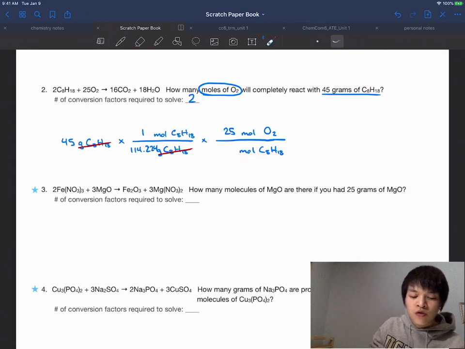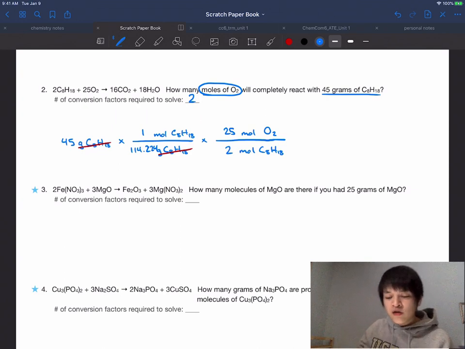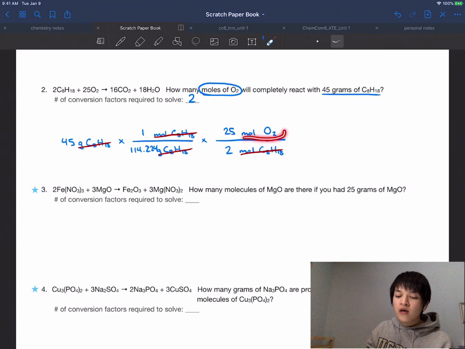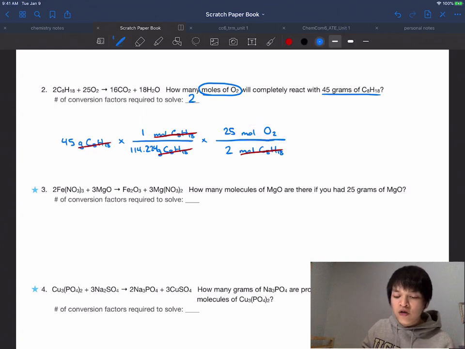According to our balanced chemical equation, there's two moles of C8H18. The unit that cancels out is moles of C8H18. We are now left with moles of O2, and that's what we wanted. So we can go ahead and throw in our equal sign.